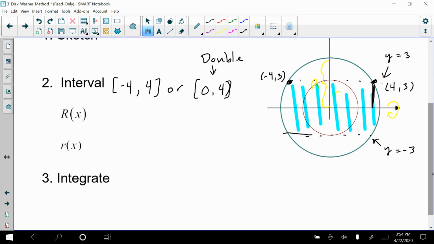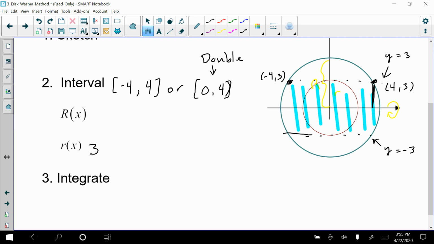Let's see what our equations are going to be. The radius is perpendicular to the x-axis, so I want to find the radius in terms of y. So let's solve our equations in terms of y. The little radius, the interior radius, is easy enough to figure out: it's going to be 3. So let's put a 3 here for the interior radius.